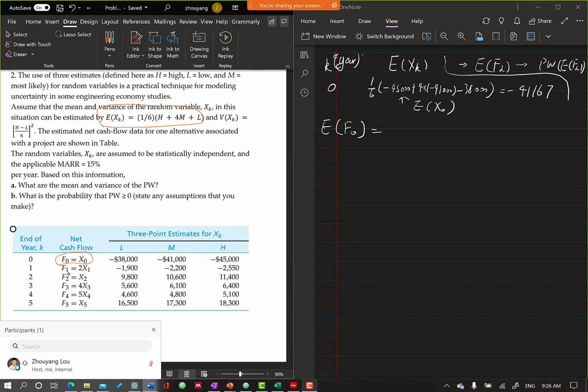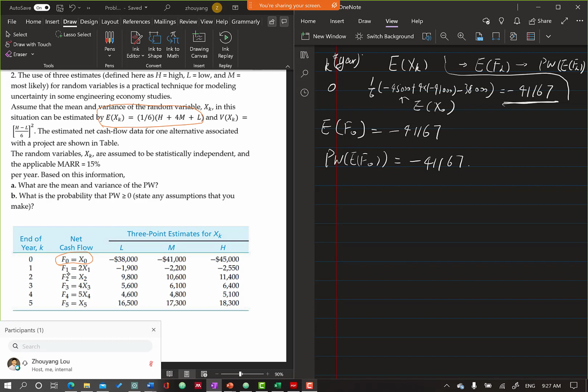So we just keep the number from the expectation of x0 there and copy it down. The next step is to calculate the present worth of the EF0. Since it's at year 0, we just copy it down. It's already in the present worth form, so we don't need any factors here. That's very straightforward for year 0 on calculating the expectation.